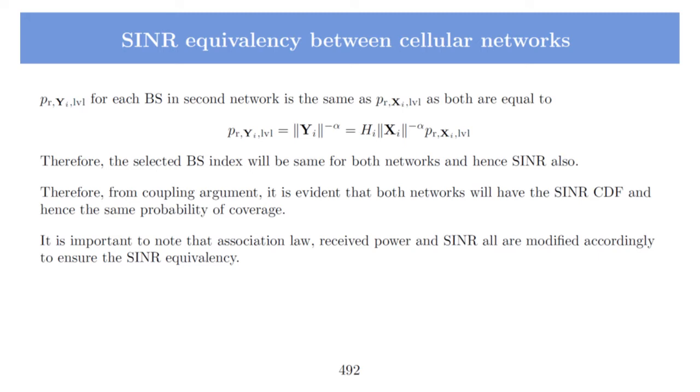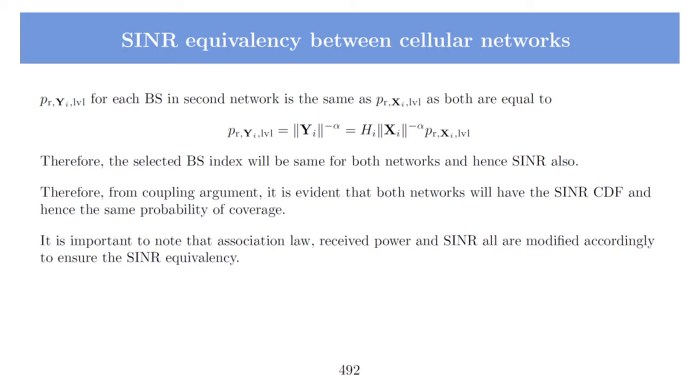It means in both realizations, the power level is the same. Because that is the same, when you maximize it, the same index will maximize the power level in both networks. It means the base station selected in M2 according to association is the same as the base station selected in M1.